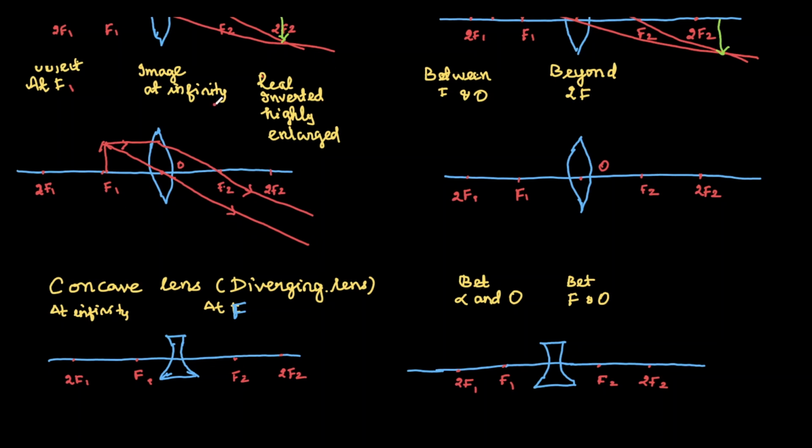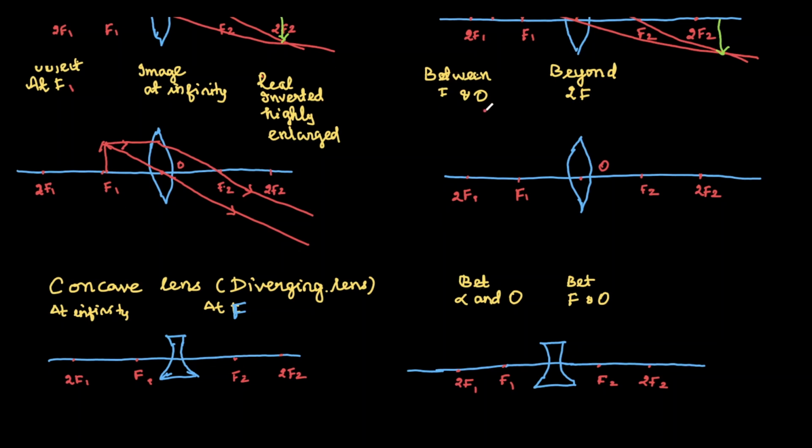So the image will be at infinity. The nature of the image will be real, inverted and highly enlarged. As the image is formed at infinity, it will be a highly enlarged image.